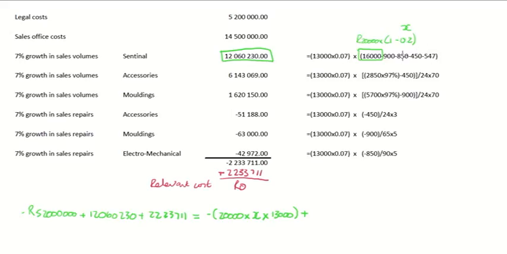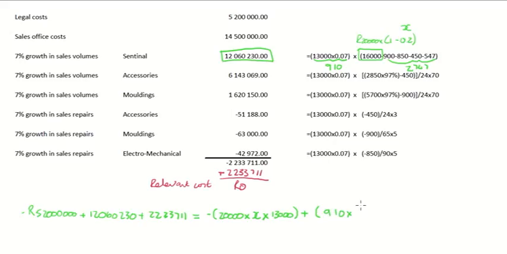We're just going to simplify it first because I don't want to write it all down. So this bracket here is equal to 910, and these variable costs are equal to 2747.